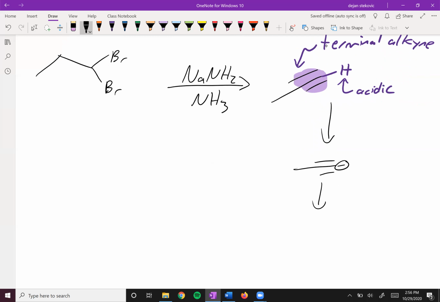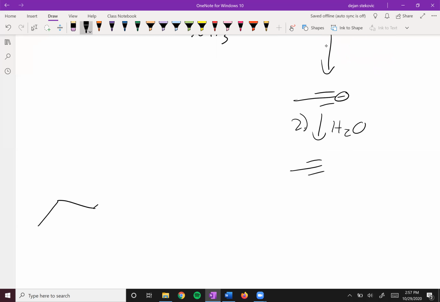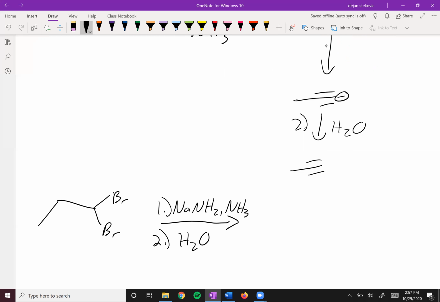And so what you'll see here is when we make these things, we have a second step of adding water, and that's just to reprotonate our terminal alkyne. So for example, if you see these terminal bromines, the first step, you're going to deprotonate them and make your alkyne. And then in the second step, you'll reprotonate your alkyne to get your end product.